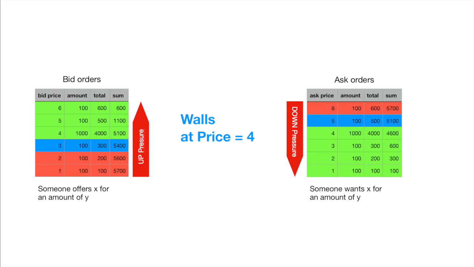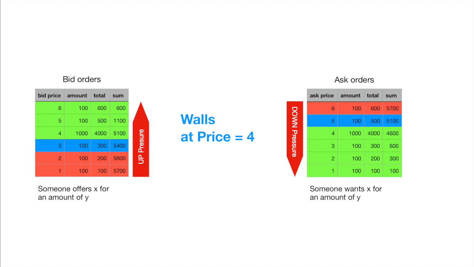In order to illustrate this equilibrium or balancing between the two walls, check this graphic. I moved the sell wall a little bit up to 5 and the buy wall a little bit down to 3. Now we know the sell wall puts a downward pressure. So the sellers would need to ask less than 5.